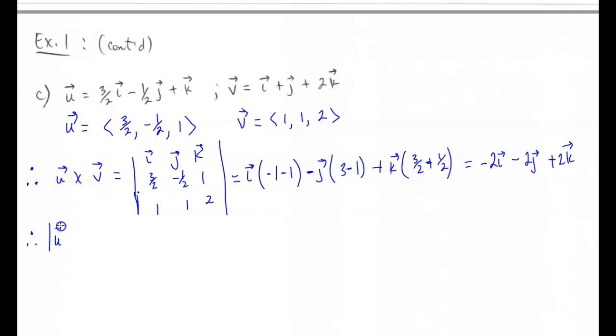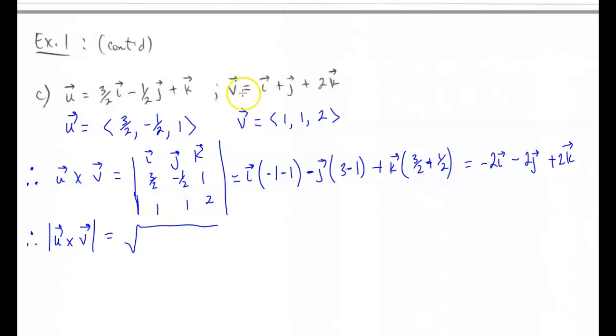Now, if I want to know the length, or the magnitude, of this vector, then I just take the square root of the sum of all the squares of its components. Let me write that over again because that didn't quite do what I wanted.